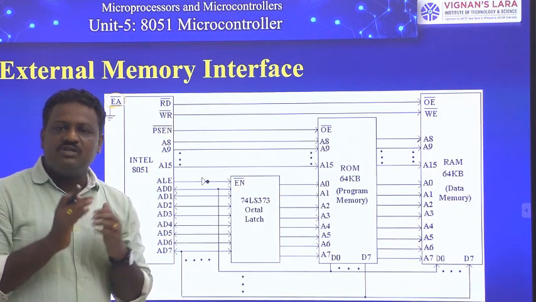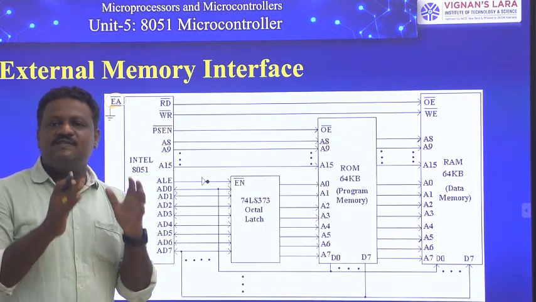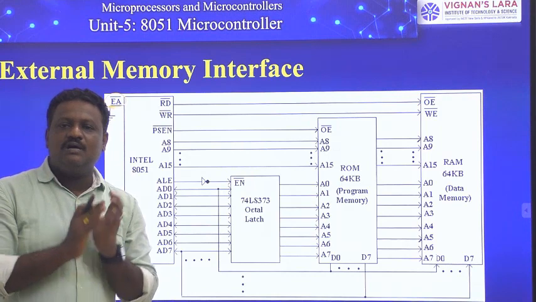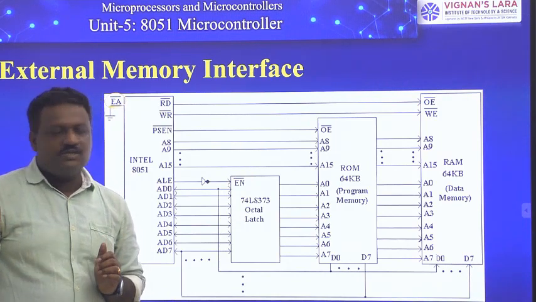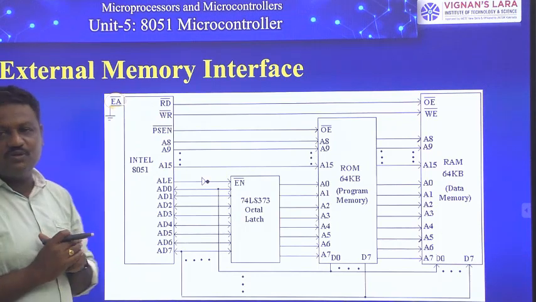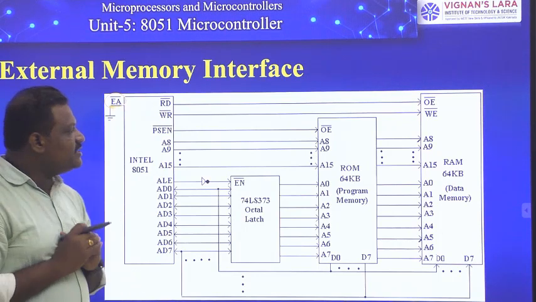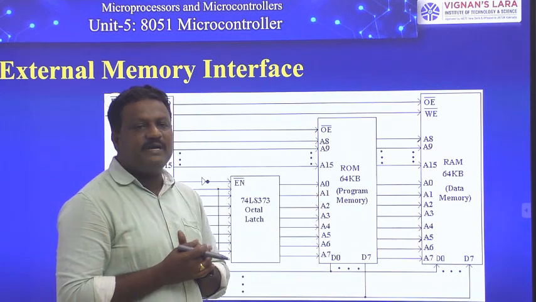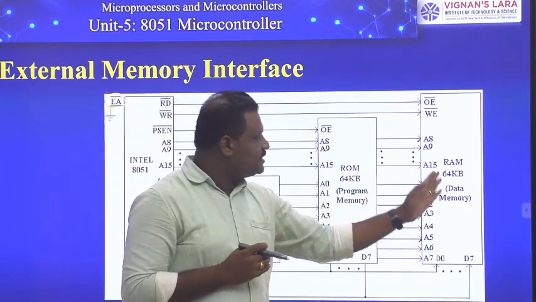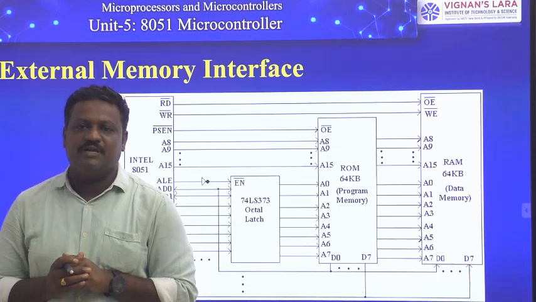So EA bar means external access. If this signal is active, the controller will communicate with external memories, so this signal is connected to ground. And next thing is, here I am going to connect 64 kilobytes of read-only memory, and 64 kilobytes of random access memory.